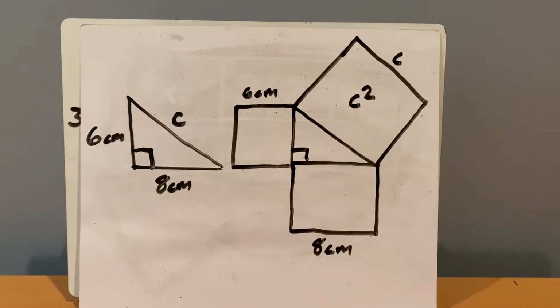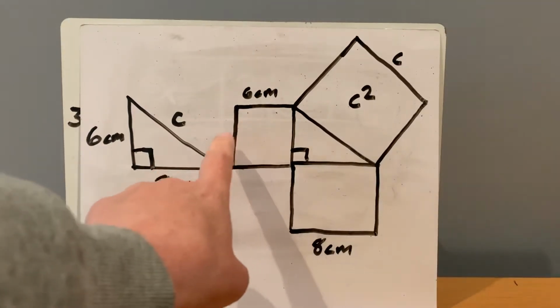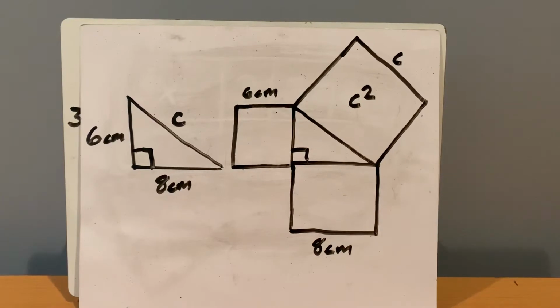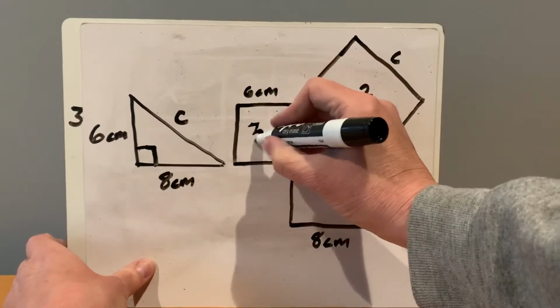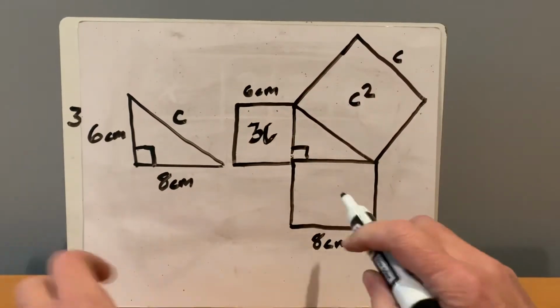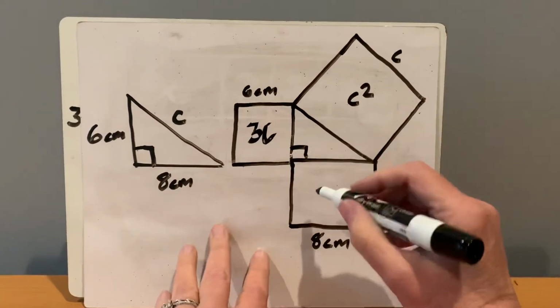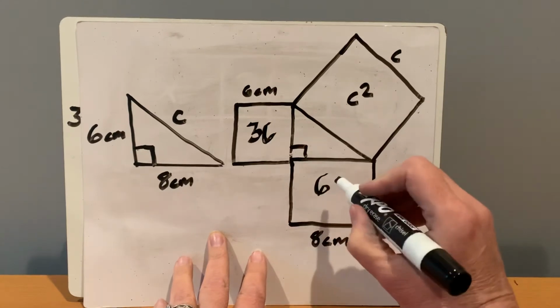But using the Pythagorean theorem, we can find out what C is. We find the area of this square. We see that the area of 6 centimeters, 6 times 6, is 36. And then we find the area of this square, which we see is 64.